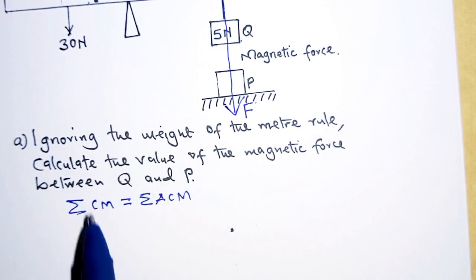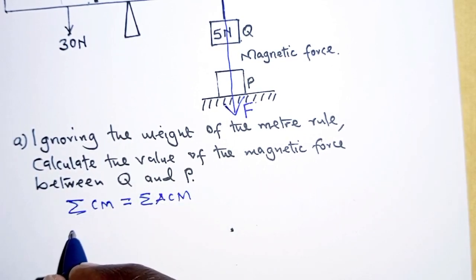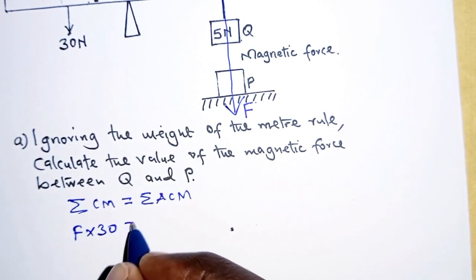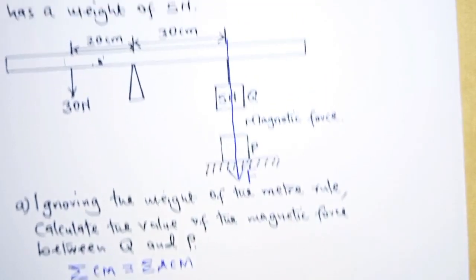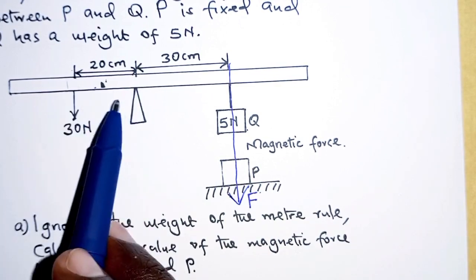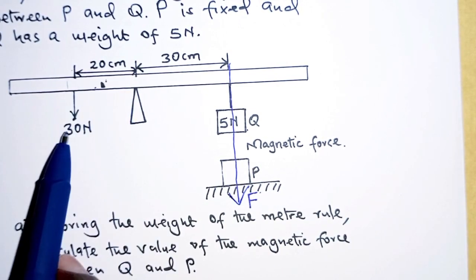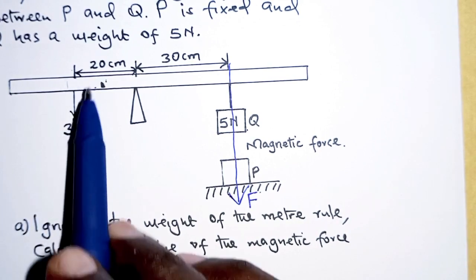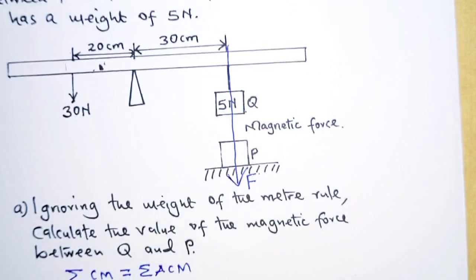So we'll say for clockwise moment, we have F times 30. And then for the anti-clockwise moment, remember it's only 30 newtons on this other side. So for the opposite side of the pivot, we'll say 30 by the perpendicular distance, which is 20.